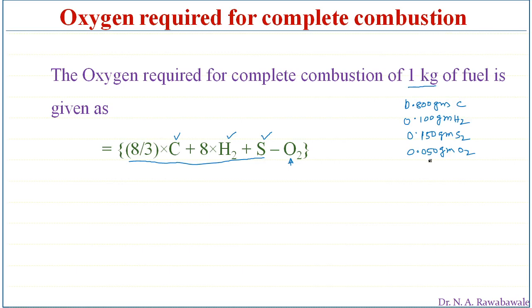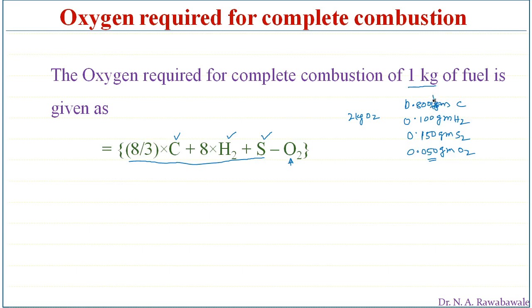Say 50 grams is already present, and in total we want 2 kg of oxygen; out of that 50 grams is subtracted, and the remaining oxygen is taken from air. So the amount of oxygen required is 2 minus 0.05. Here this is not in grams, this is in kg.